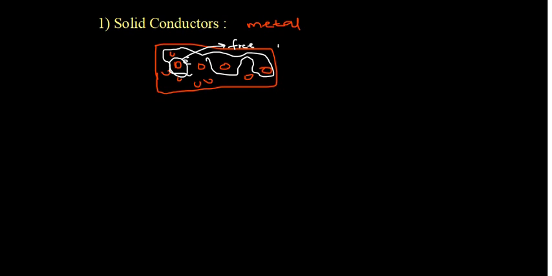These electrons we are calling free electrons. Therefore, in solid conductors, these free electrons, otherwise called valence electrons, which are loosely bound to the nucleus, are always responsible for making a current.